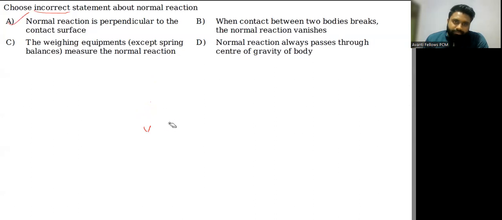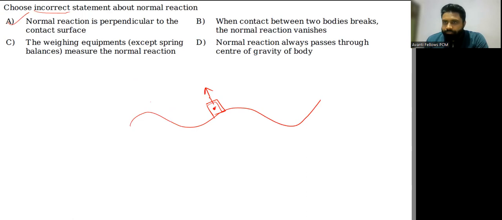Now, this part: the normal reaction always passes through the center of gravity. It is not correct. Because if there is a curvilinear path and the body is here, the body has a center of mass here, but the contact force, the normal reaction, will act along the normal to this contact surface, not about the center of mass or center of gravity of this body.